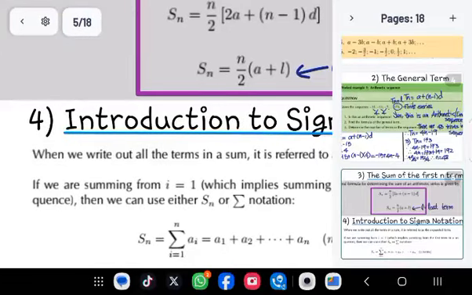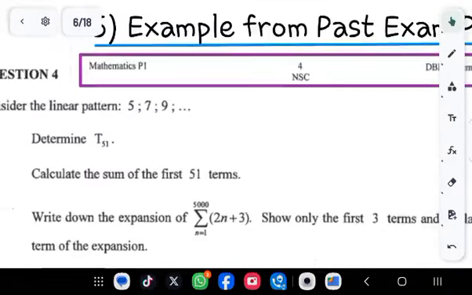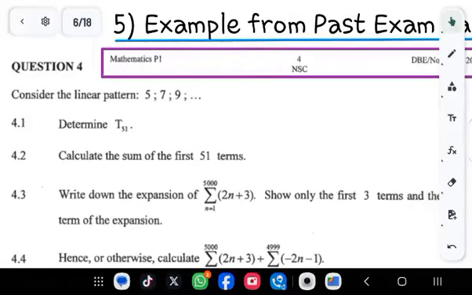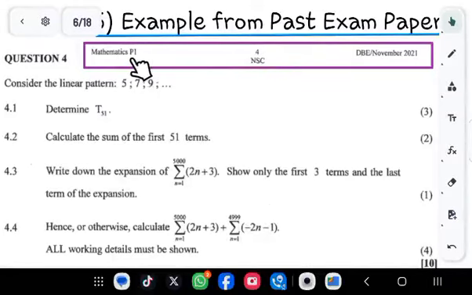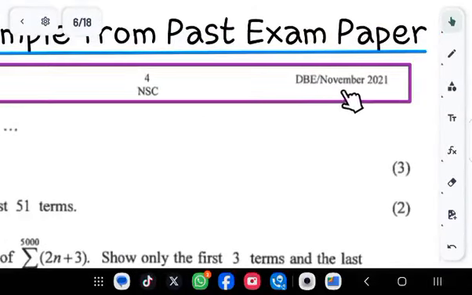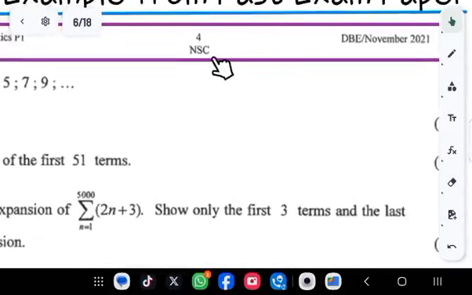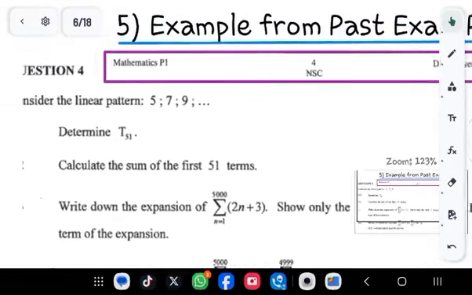Now, let's use this knowledge to apply to an example from a past exam paper. This one comes from Paper 1 of the Department of Education, National Senior Certificate, November 2021.